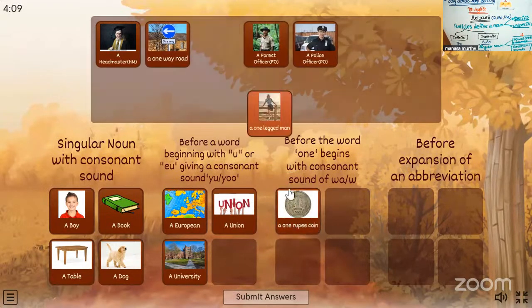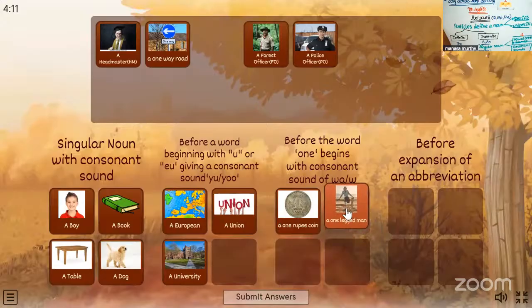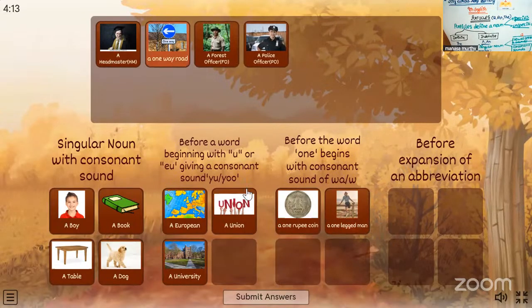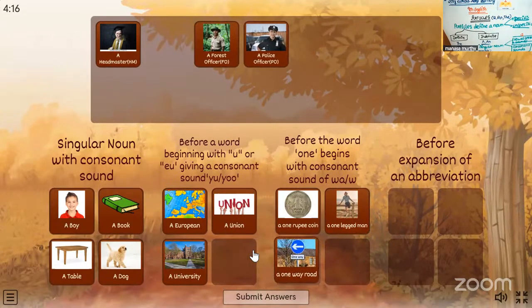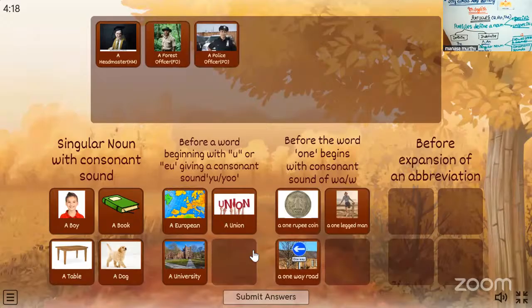A one-leg person. A one-way road. A once famous man. Wow, nice. Good example. A 1 rupee note. A 1 rupee coin. Similar one. Anyways, good try.